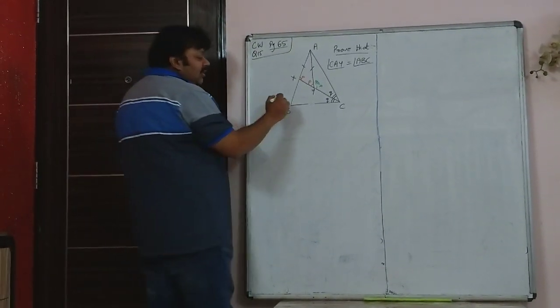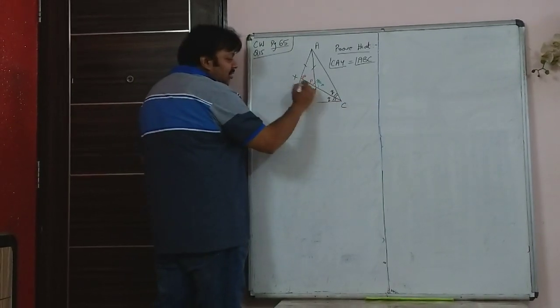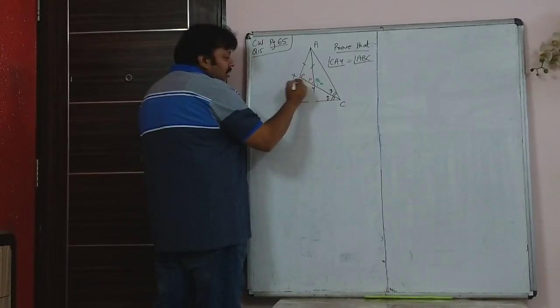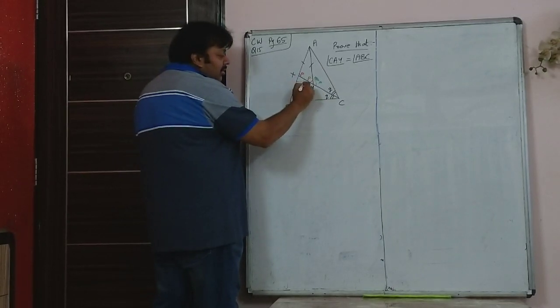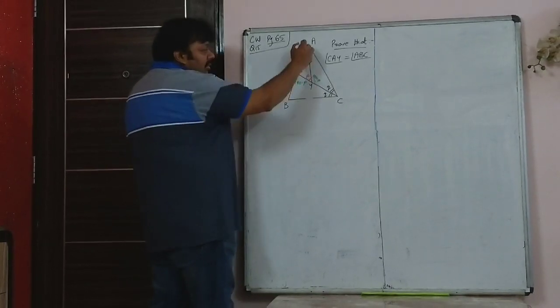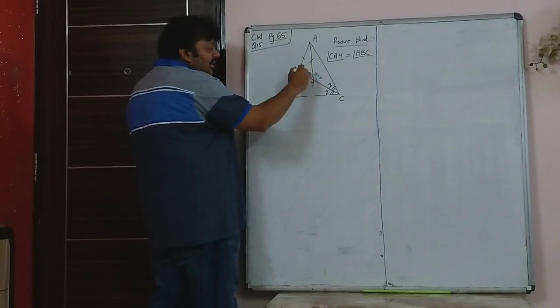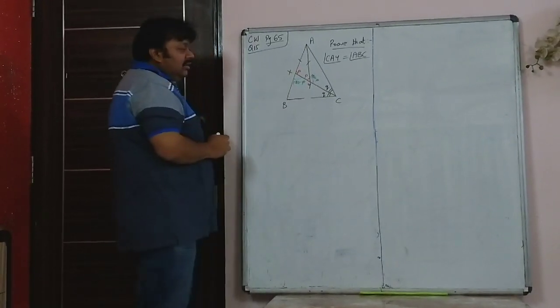And same way, what will be angle BXC? BXC will also be 180 minus P because it is linear pair with this angle, this plus this is 180.